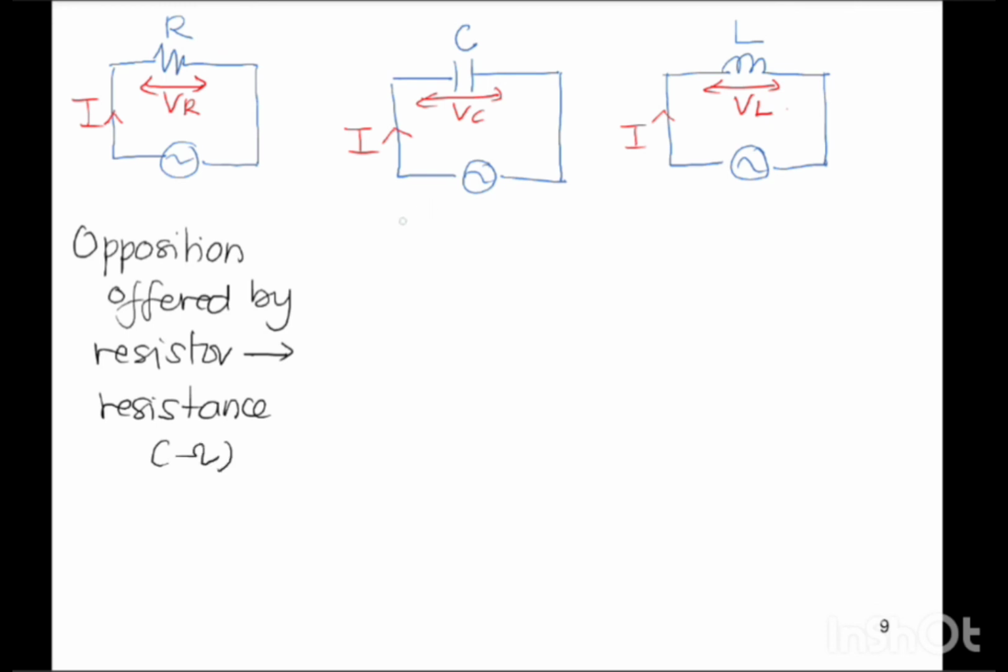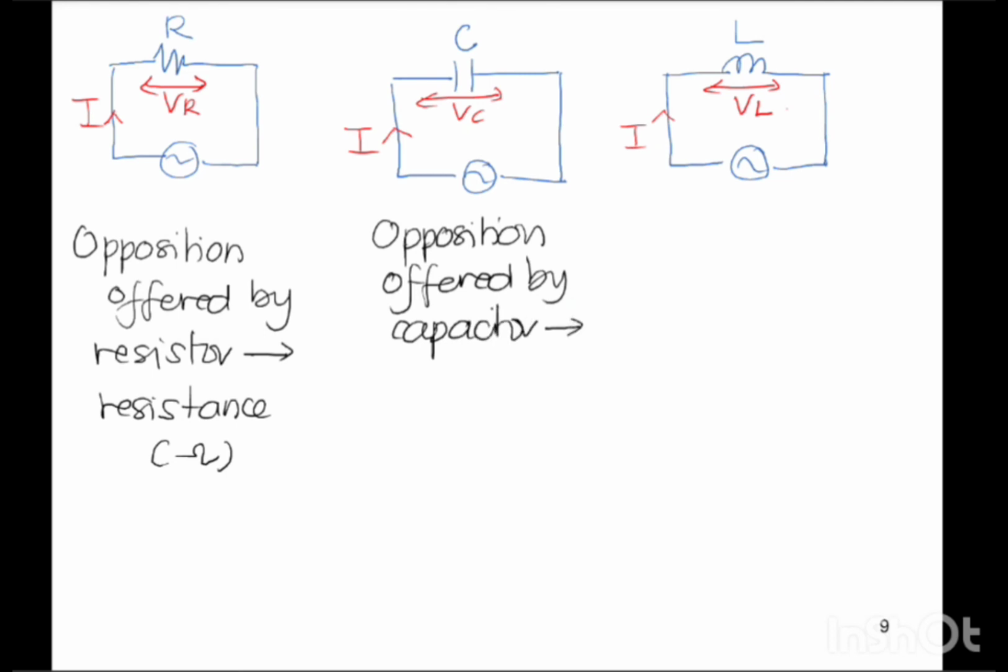And in the capacitor, the opposition offered by the capacitor is called reactance. The symbol is XC, which equals 1 over 2 pi fC.